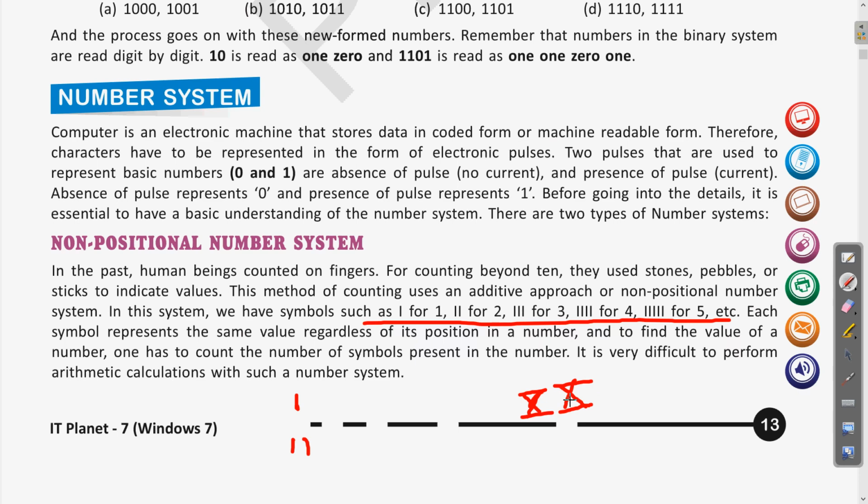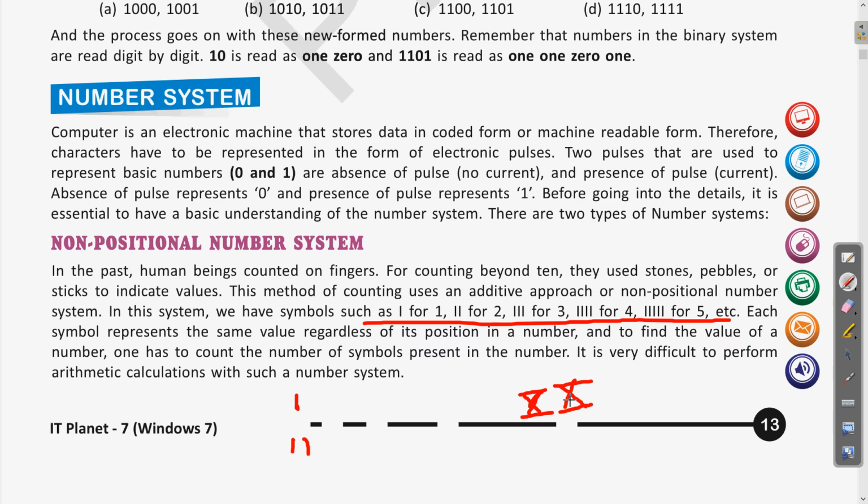And if you wanted to add numbers in such a system, or perform any other mathematical operation like multiplication or division, it was difficult. After that the positional number system was invented, or came into the picture. Clear?